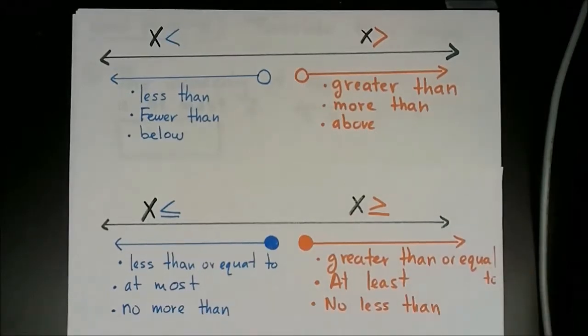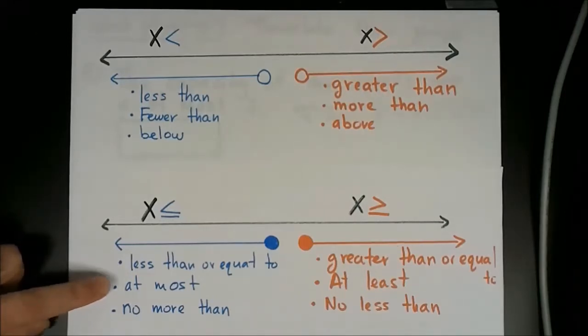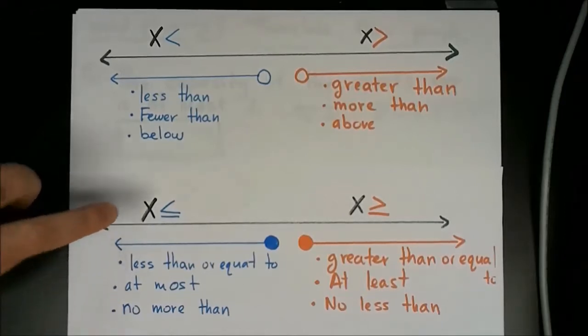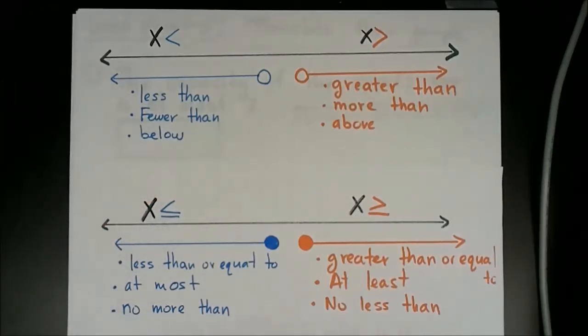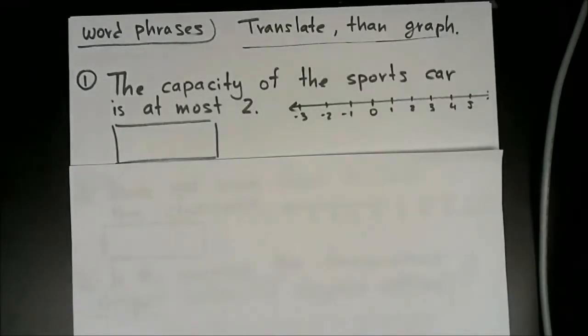Let's find at most here. Ooh, it's right here. It's one of our combo alligator symbols that includes the equals to. And in this case, the variable has to be next to the pointy or the small part of the alligator symbol. So it's the combo symbol, and the variable has to be on the side of the smaller, the pointy portion. Okay, perfect.